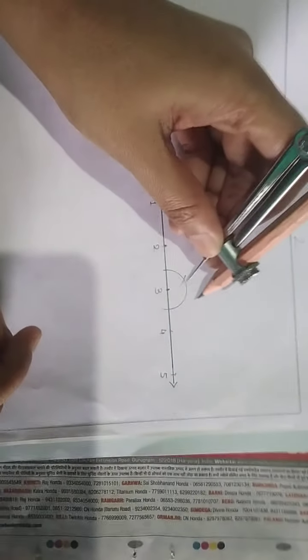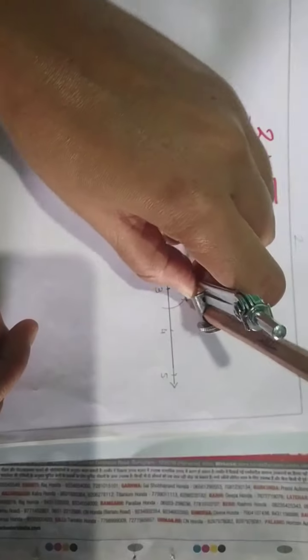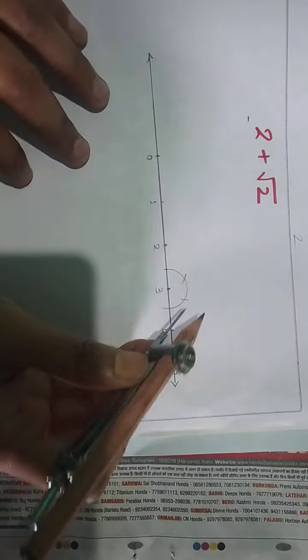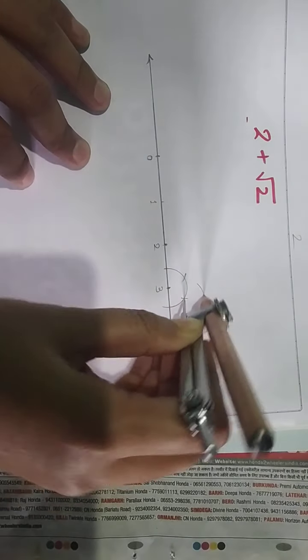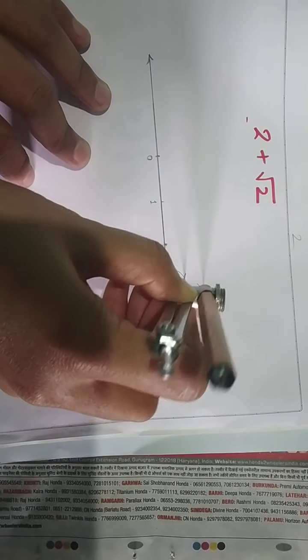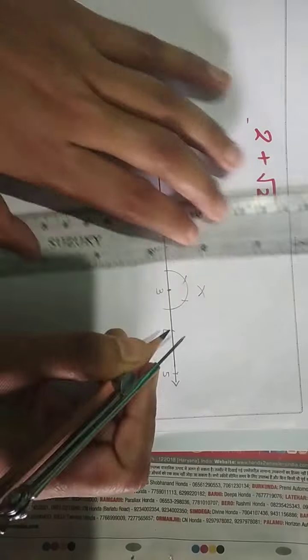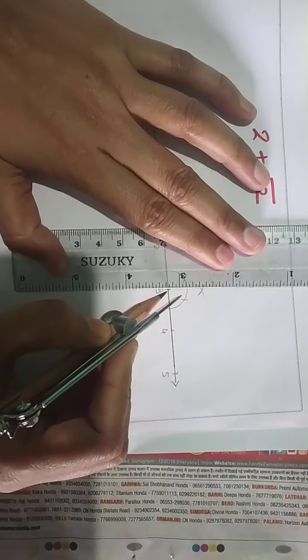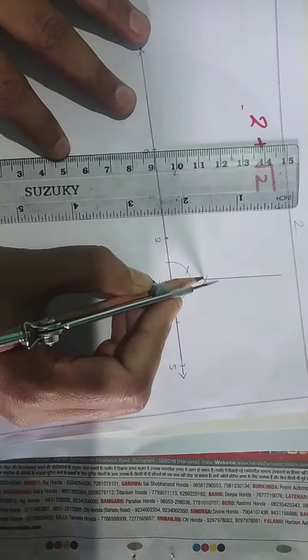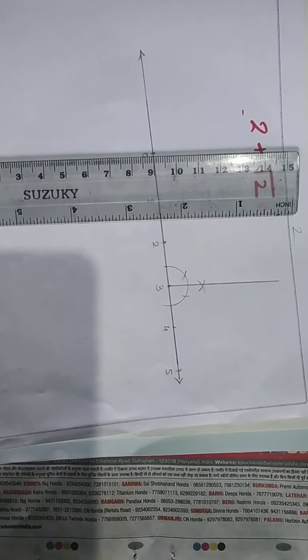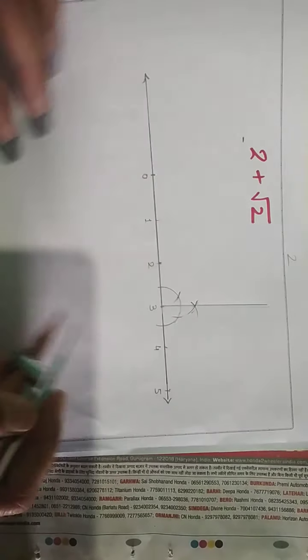Why are we drawing the perpendicular line at this point, only at 3? Do you know? We are drawing the perpendicular at this point 3 because this perpendicular is done.